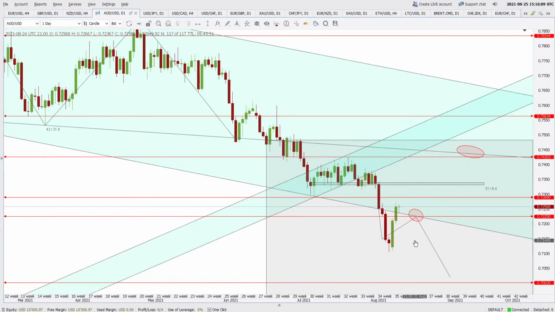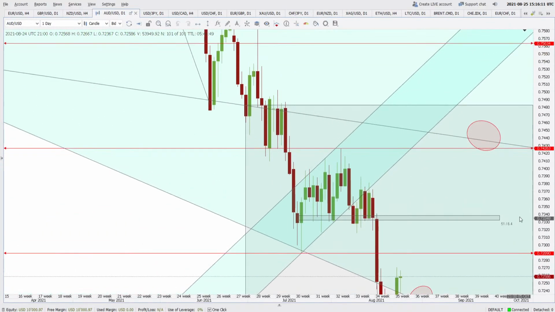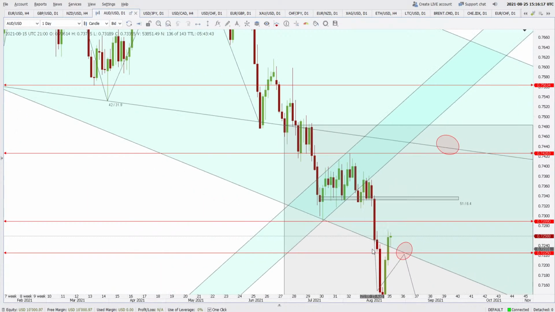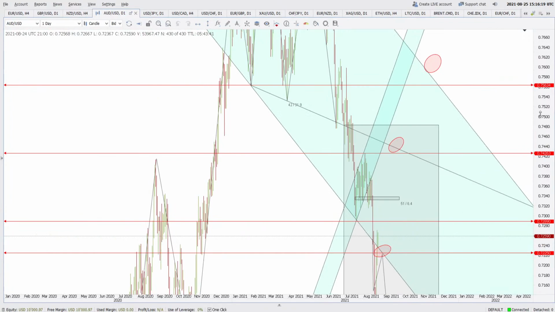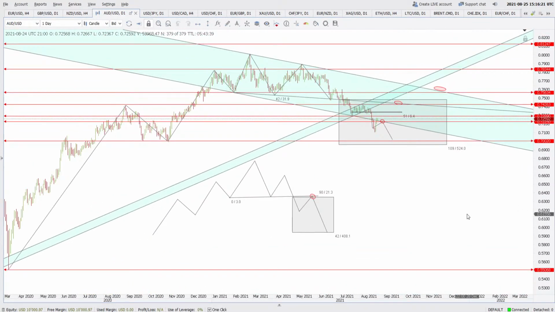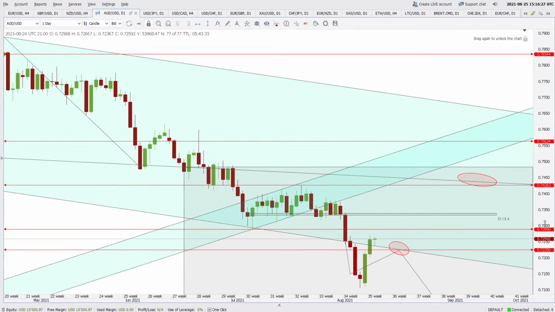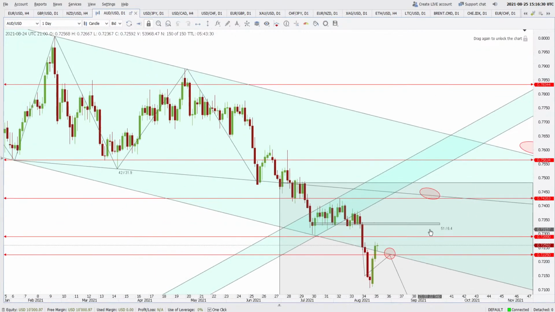But if you see closely, today's daily candle is trying to take support at the falling channel support line, which is a long term falling channel. Of course the support line will be acting as a support, but see how it was acting as a support here, and this time after the price came inside, it is again giving support to the price.